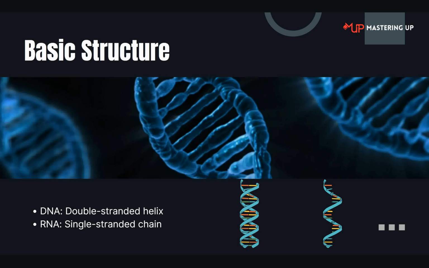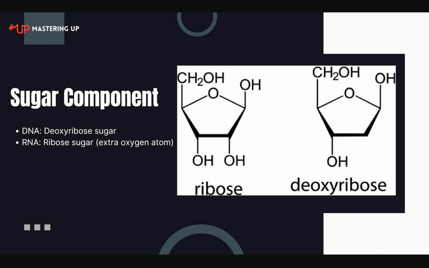Now let's see the key differences in the structure, starting with the sugar component. DNA is double-stranded and forms a helix, while RNA is typically single-stranded. DNA's sugar is deoxyribose, while RNA has ribose.